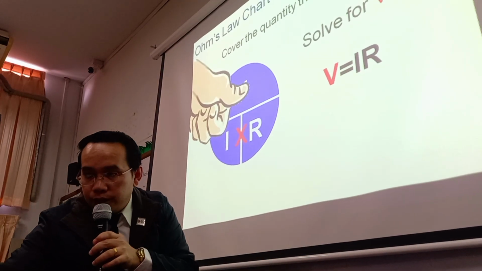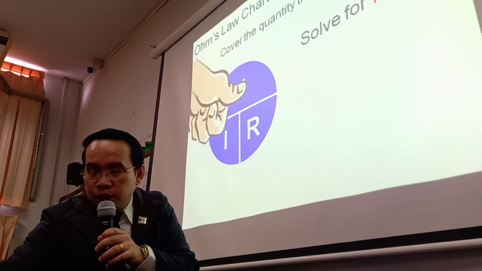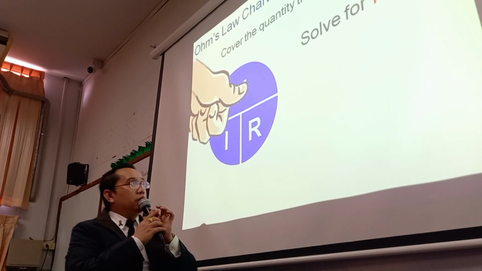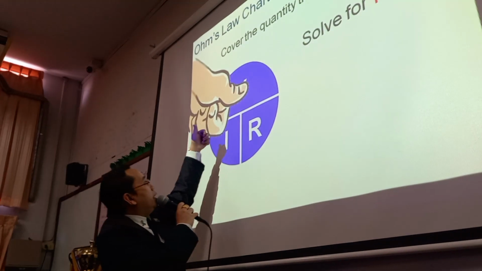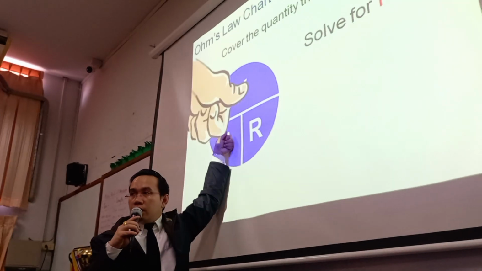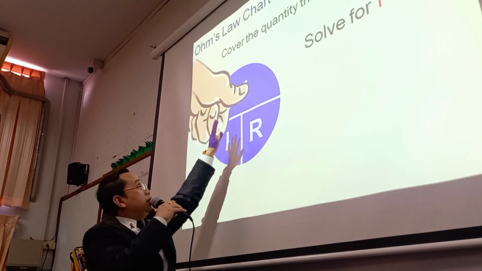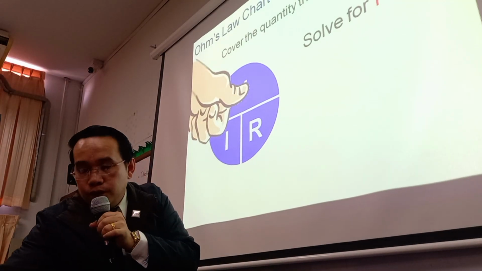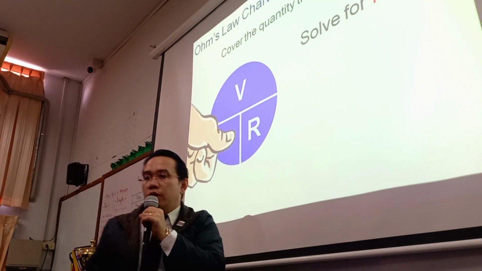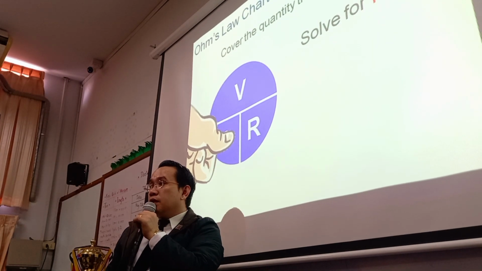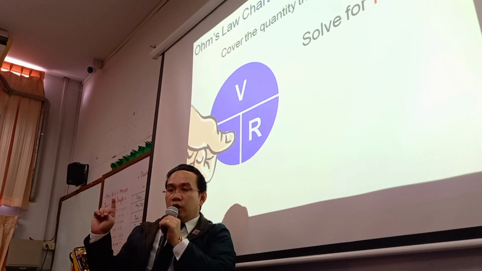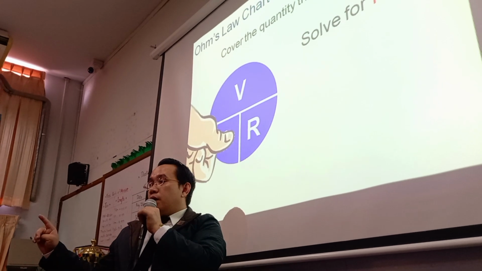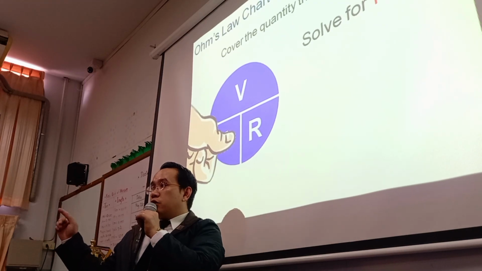Now, how about solving for I, or current? When we solve for I, this is the portion that you cover, and you leave the voltage open. So when we solve for current, what will be the structure of this formula?